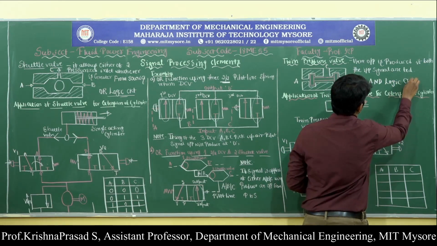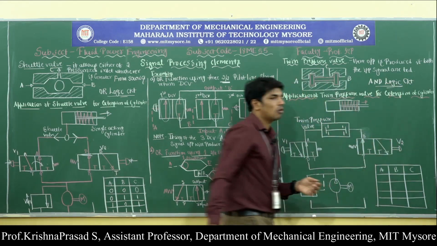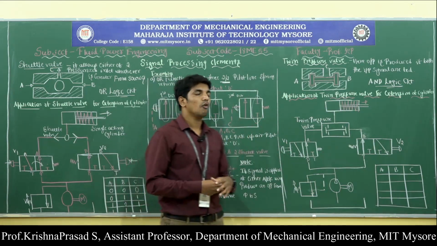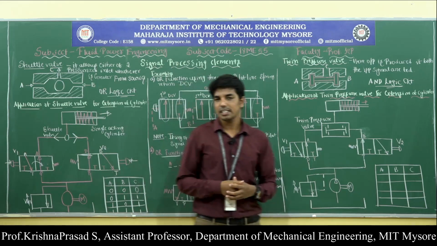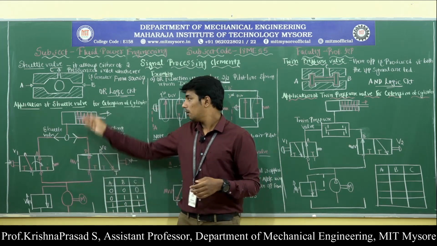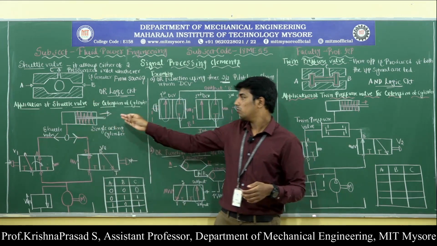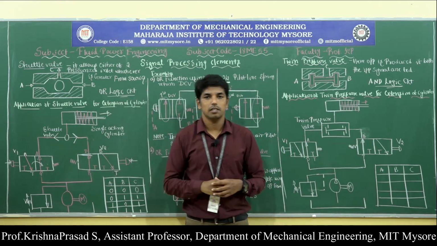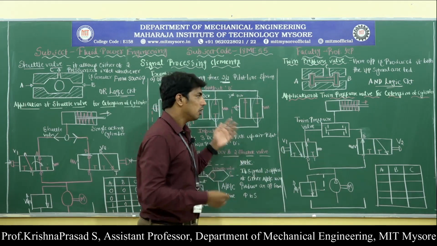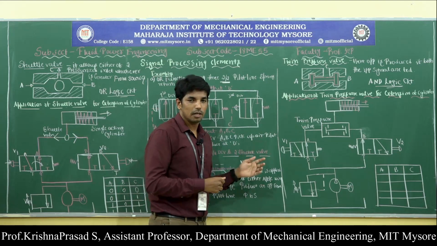Then, very important one, the application of the twin pressure valve for the extension of a single acting cylinder, similar to the application of the shuttle valve. Observe here the parts remain the same.